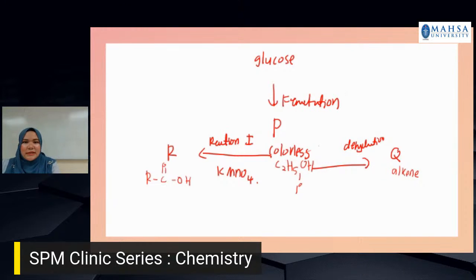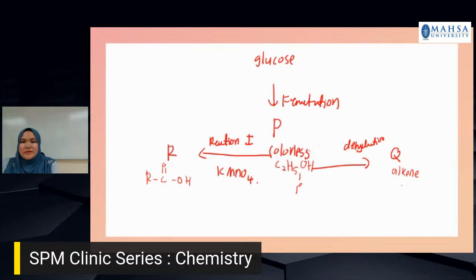So here you can see, what about Q? According to P, the structure should contain carbon equal to 2, hydrogen equal to 6, oxygen equal to 1.